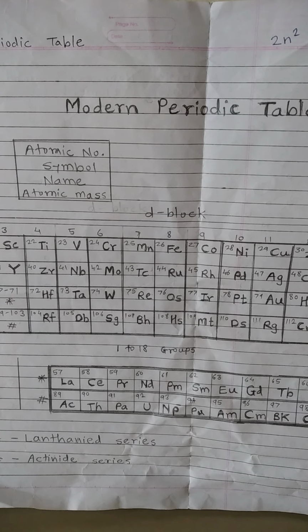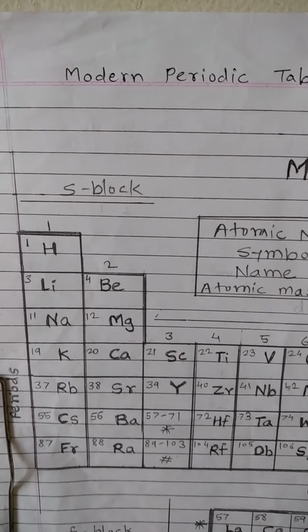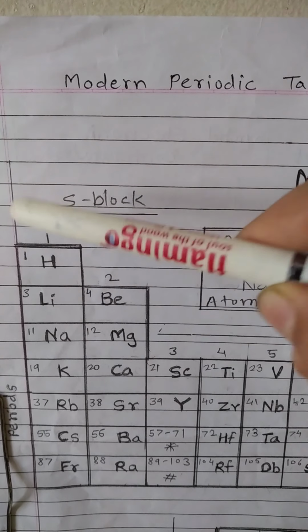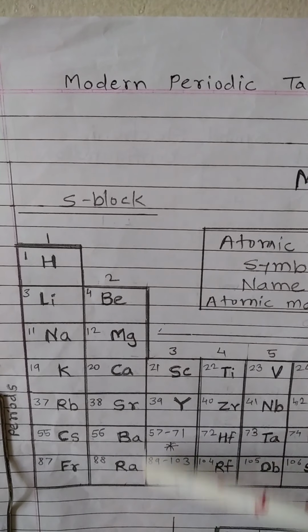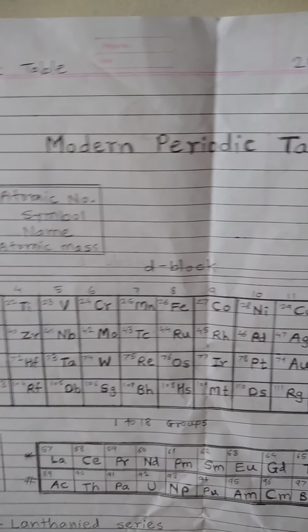The entire periodic table is divided into 4 blocks: S block, P block, D block and F block. The S block contains groups 1 and 2. Everyone look here. Groups 1 and 2 are the S block. Then groups 13 to 18 constitute the P block.